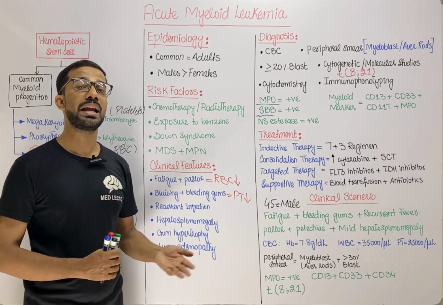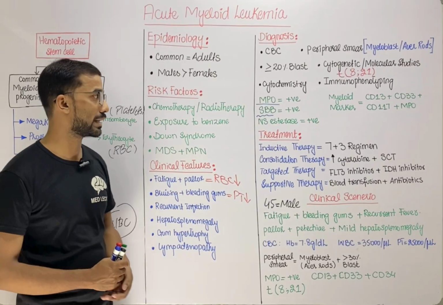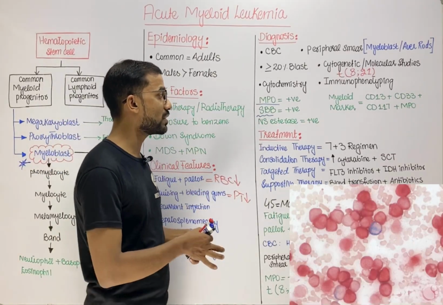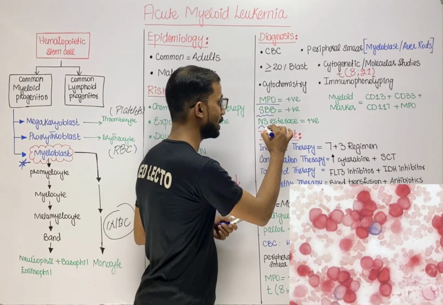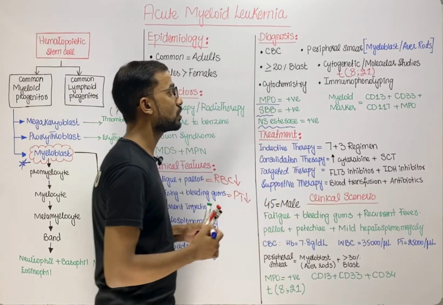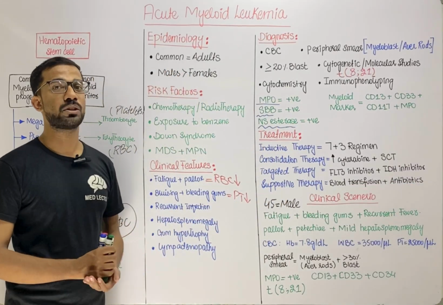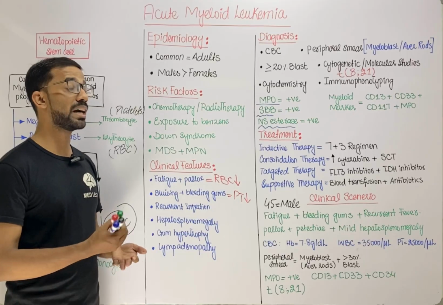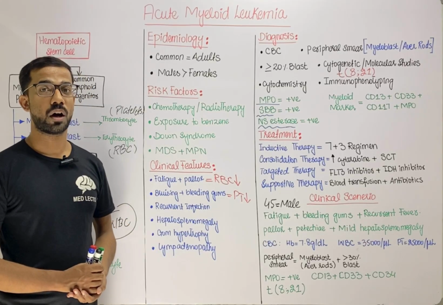Otherwise, ALL will be negative. Non-specific esterase will also be positive in certain types of AML. So these are the different cytochemical tests we do in the diagnosis of AML.